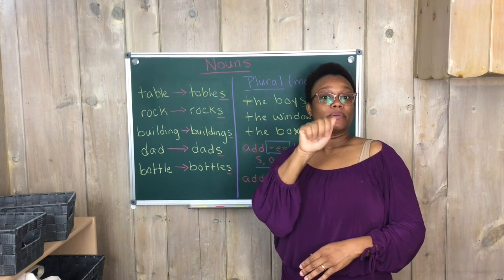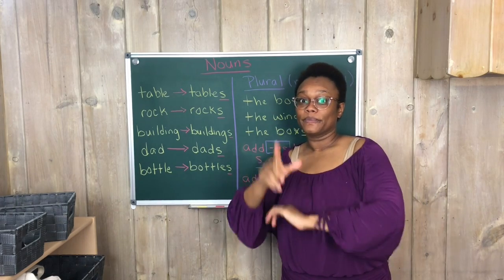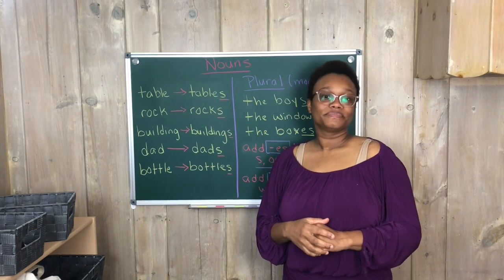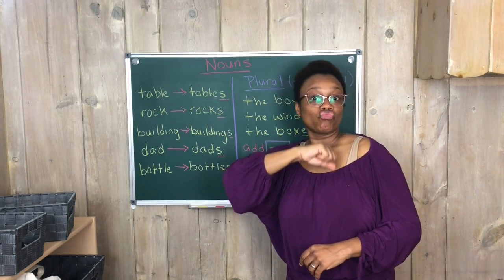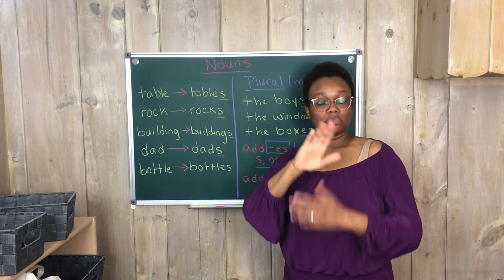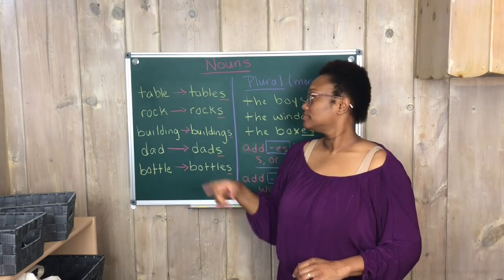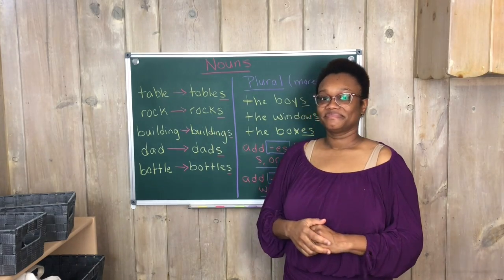Table, TABLE, becomes tables with an S because it ends in an E. Rock, ROCK, becomes rocks with an S because it ends in a K.